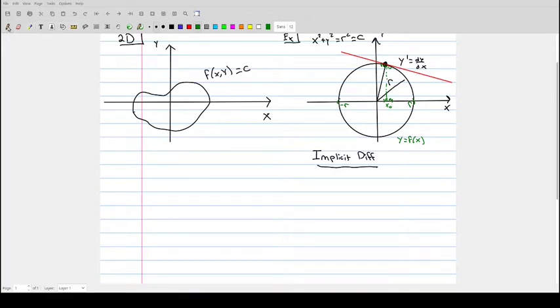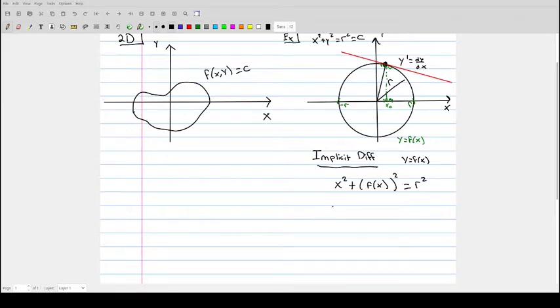But what this allows us to do is write down, well, if y is expressible as some function of x, we can write that the equation of that circle is x squared plus f of x squared is equal to r squared, where y is equal to f of x.